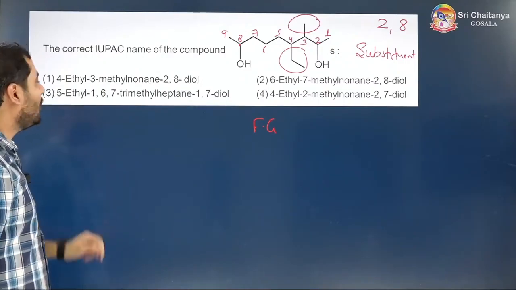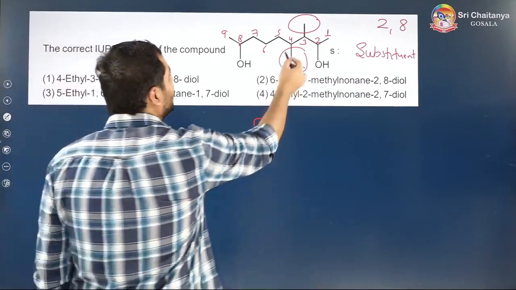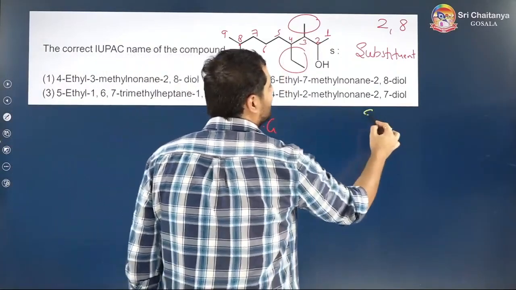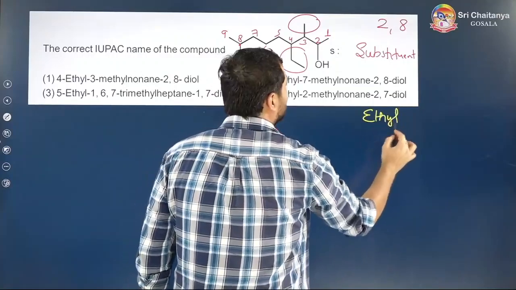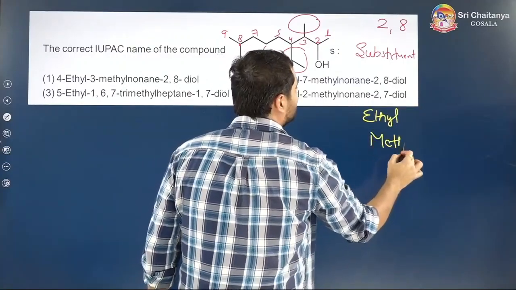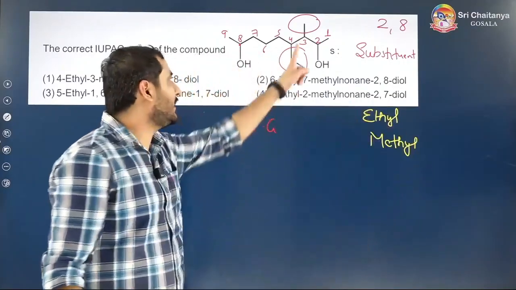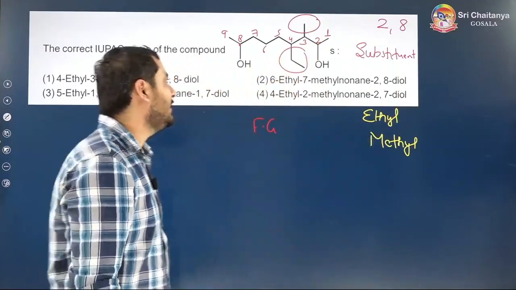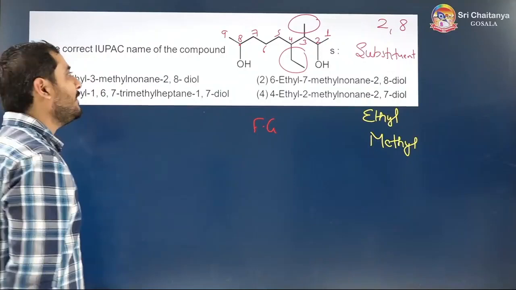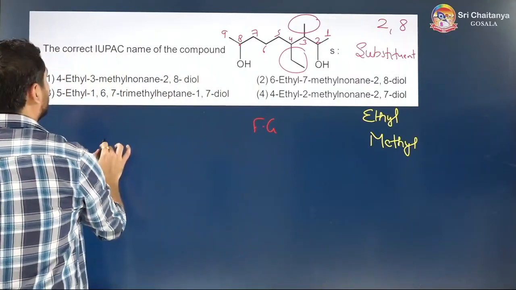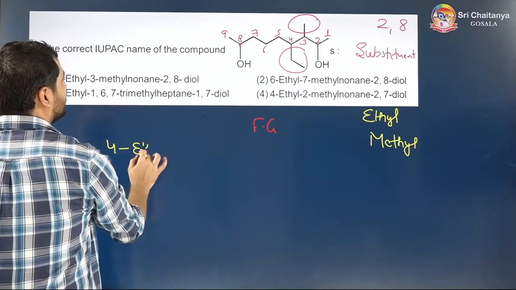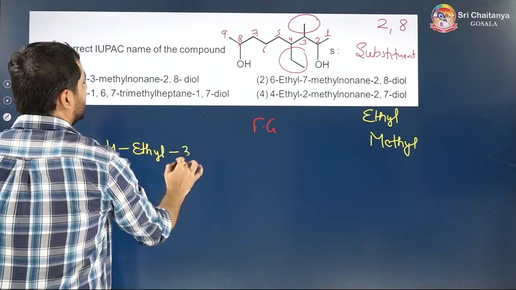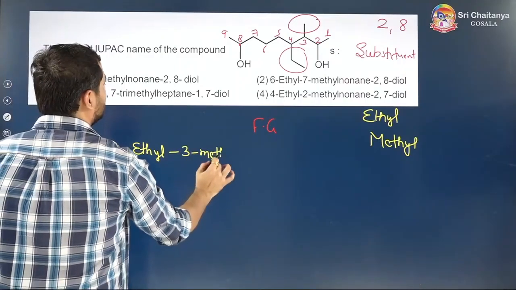Now next, how to write the name for this? First write the names of the substituents. How many substituents are present? One substituent is ethyl and one substituent is methyl. At the 3rd carbon, methyl is present. At the 4th carbon, ethyl. Now we have to arrange them in alphabetical order. So first we write 4-ethyl, then at the 3rd position, methyl.